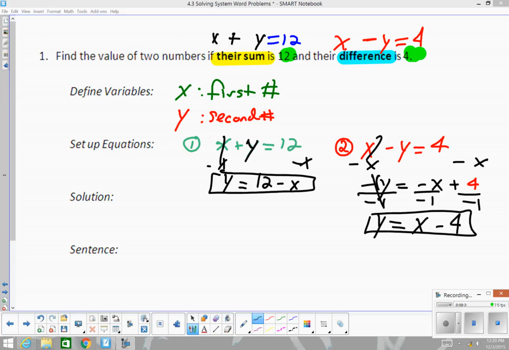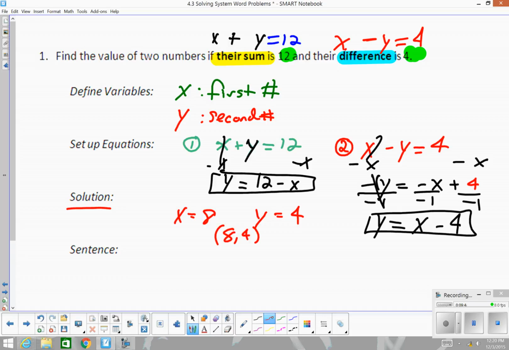And the answer I get is my x value is 8 and my y value is 4. So what you're going to say is my solution is the ordered pair 8, 4. Okay, so that's my solution. Now, to write a sentence about this, all I'm going to talk about is what the two numbers are.